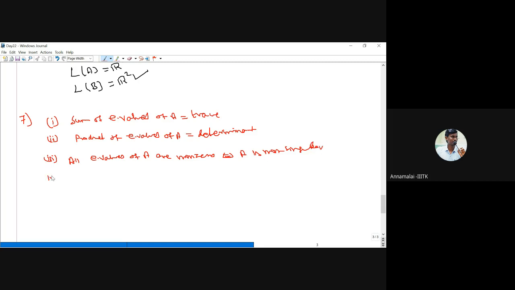The fourth statement: if A inverse exists, then the eigenvalues of A inverse are the reciprocals of the eigenvalues of A.